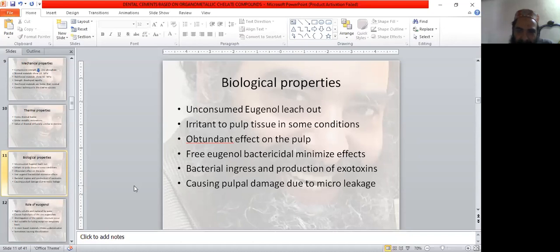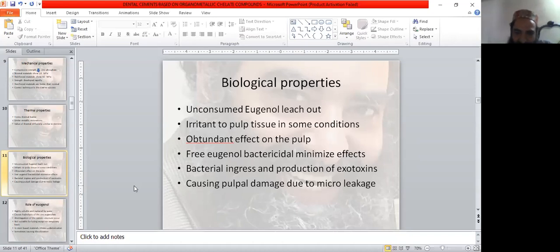Which effects? See your book. Free eugenol is bactericidal, and what comes to mind is that it minimizes effects of what? See your book, because you have to see the book also, not rely totally on my lectures.